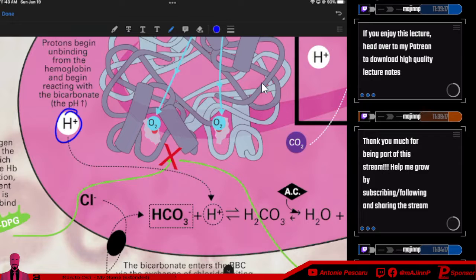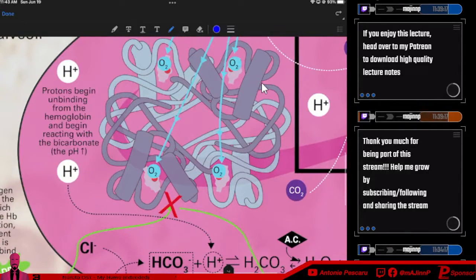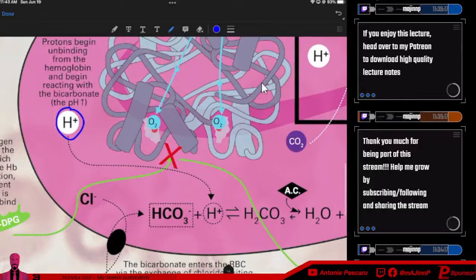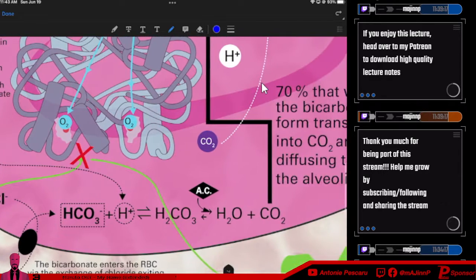alongside the hydrogen, well, the proton ions, I'm looking for the specific word here. My memory is blank right now. They go together to produce H2CO3.